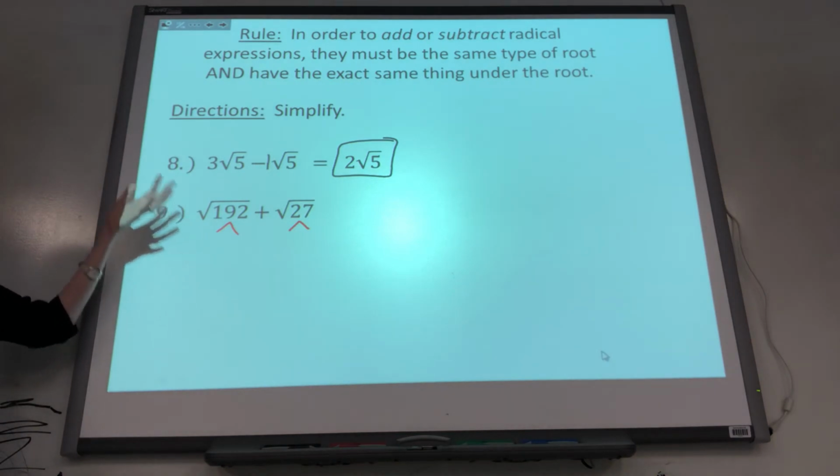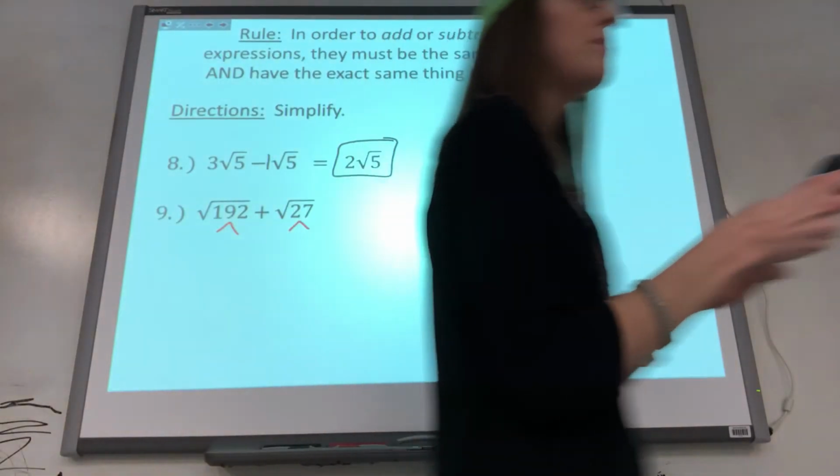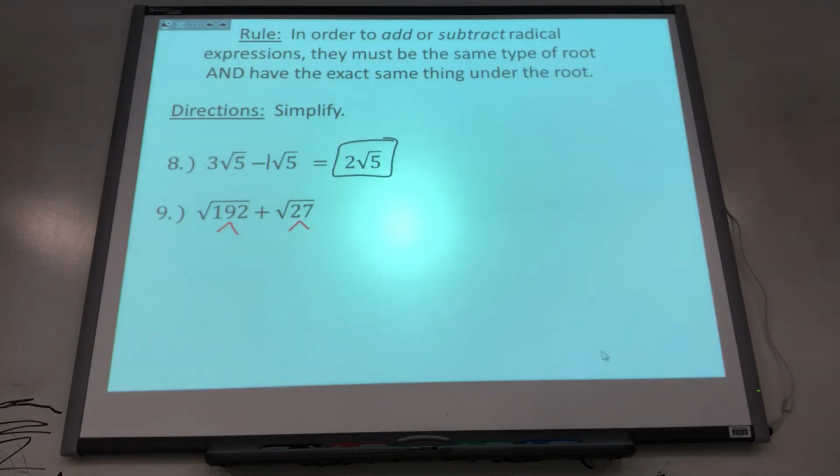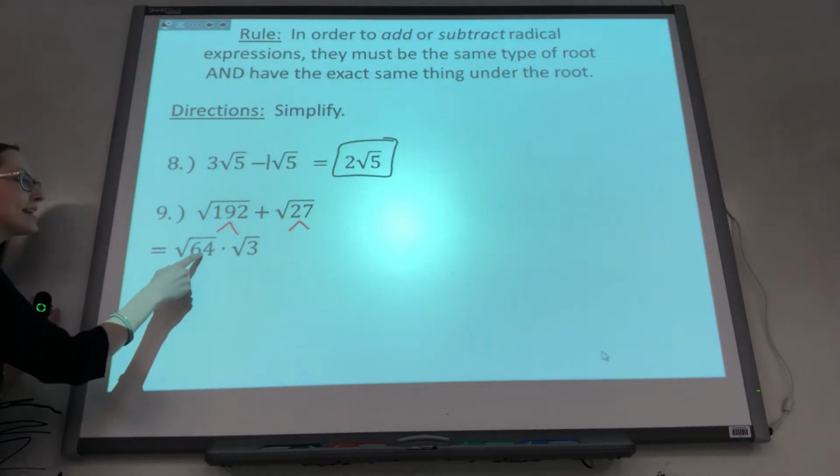Now, using our list of nice square roots, I'm going to try to find the biggest nice square root that'll go into 192. Now, before I start trying out a bunch of numbers, has anybody found one? 64. Thank you for saving me some time. 192 can be divided by 64.